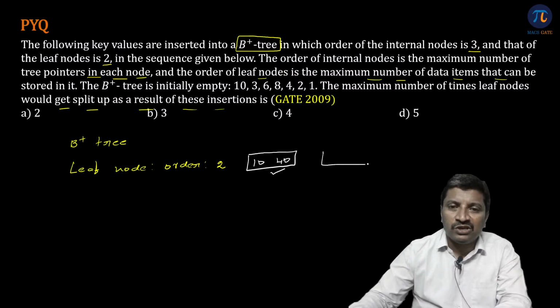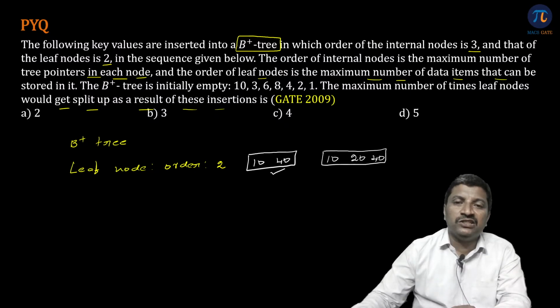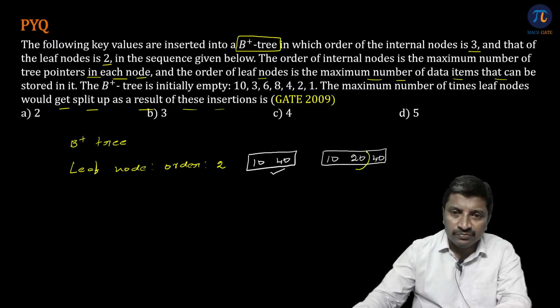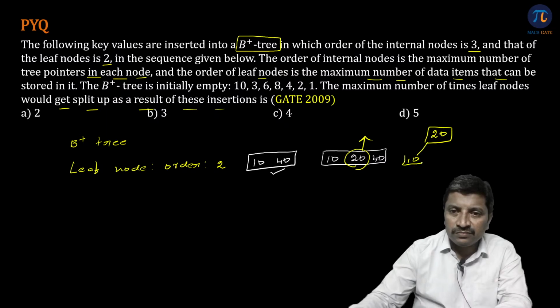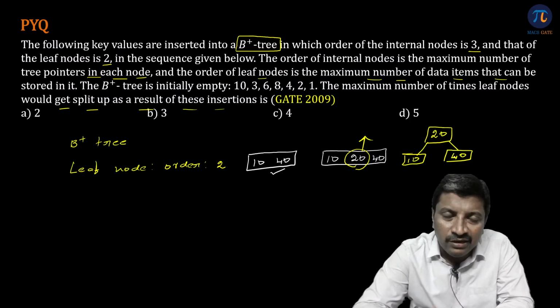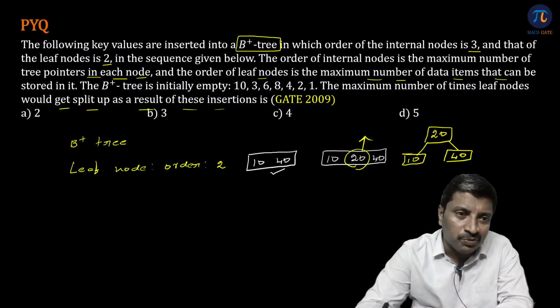If it is having more than 2 values, 10, 20, 40, it is violating the rule. Then we need to move median to the next level. So whenever you move this node to the next level, I will get like this. For leaf node, I have only one median. That median I am moving to next level. So everyone will need to do the same process.